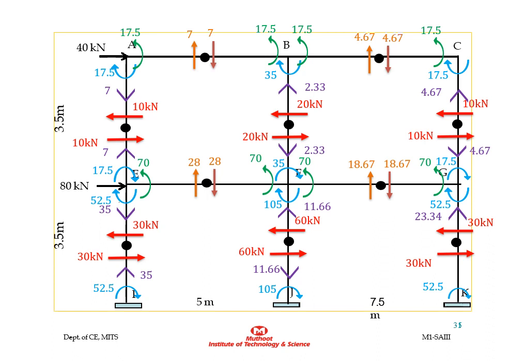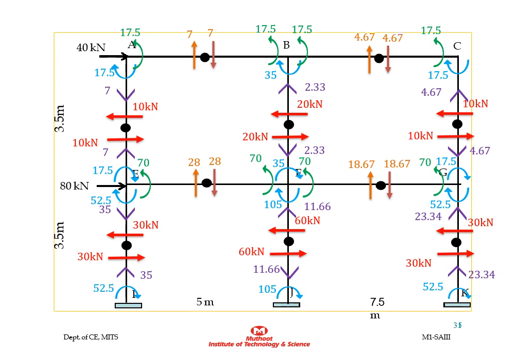Now for the bottom story, it will be 35. Considering the equilibrium condition of joint E, 7 kilonewton axial force acts upward in the column AE, and the beam shear is 28. So balancing the vertical force, the force in column EA will be 35 in the downward direction.